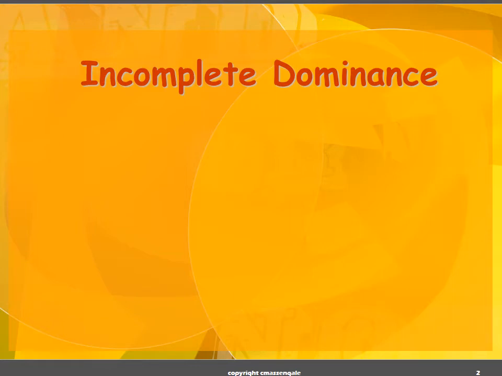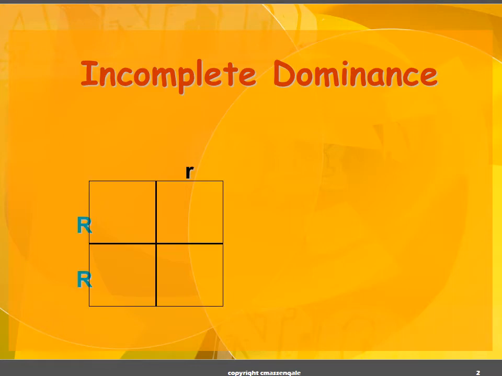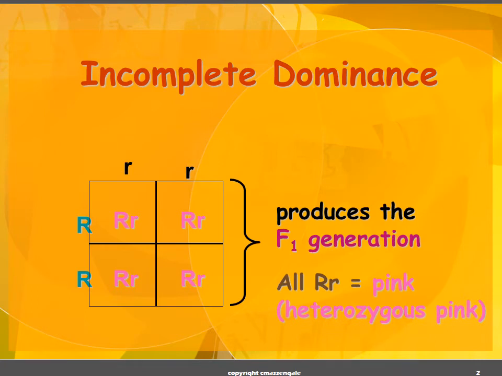Right, so this is what it actually looks like. We have the red flowers on the left and the white flowers on the top. But because of this allele up here, all of the offspring, as we would expect, are heterozygous. But they're not heterozygous red, which is what we would think based on the laws of dominance, but they are all heterozygous pink.